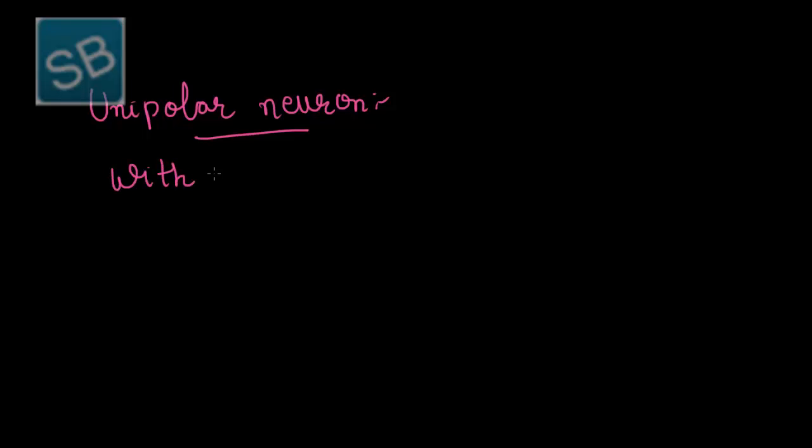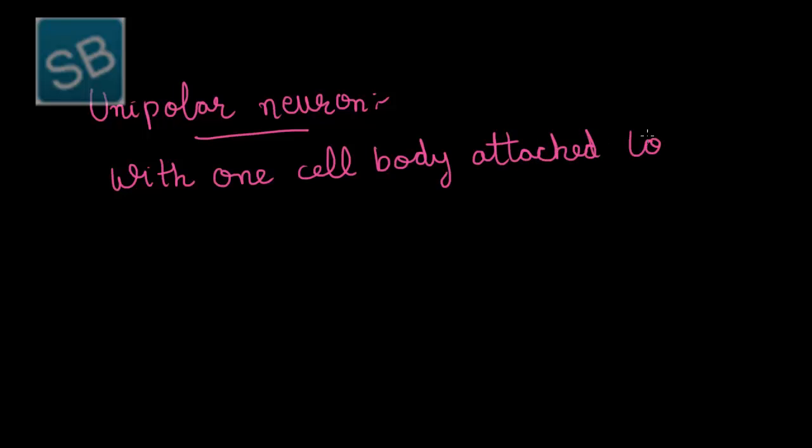Thus, a unipolar neuron is a neuron with one cell body attached to one axon. Such a type of neuron is present in the embryonic stage.